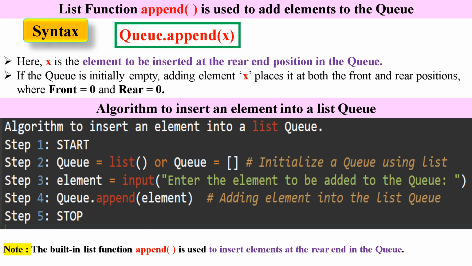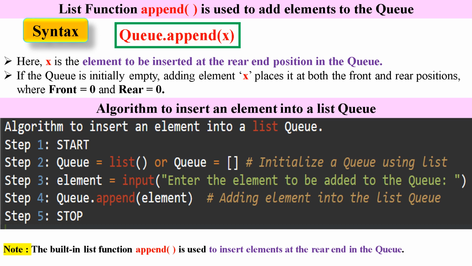Step 1. Start. This step serves as the starting point of the algorithm. It indicates the beginning of the execution of your program. Step 2. Queue equals list() or queue equals empty list. In this step, we initialize an empty queue using a Python list.